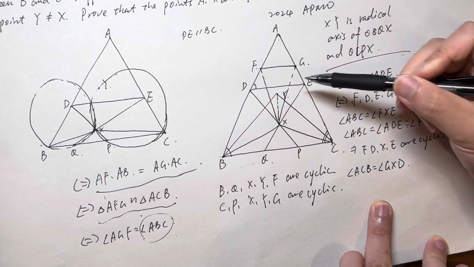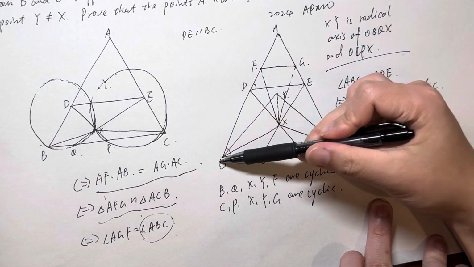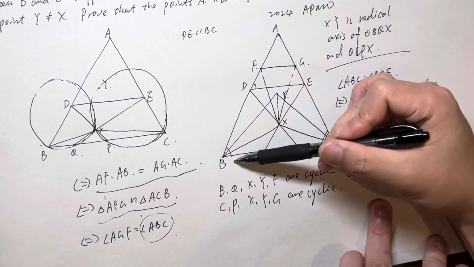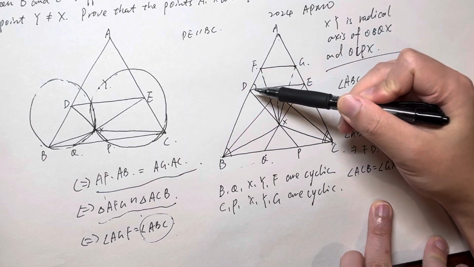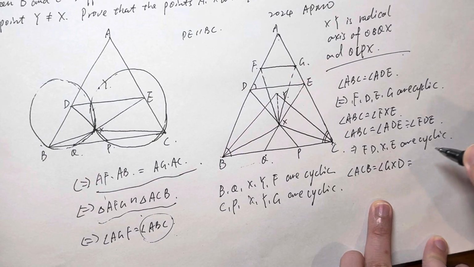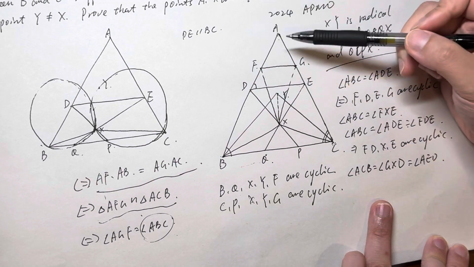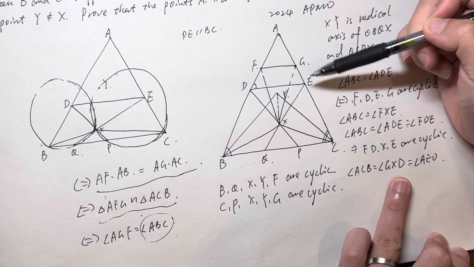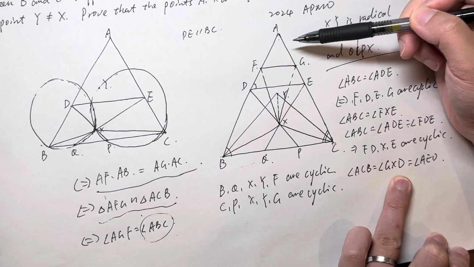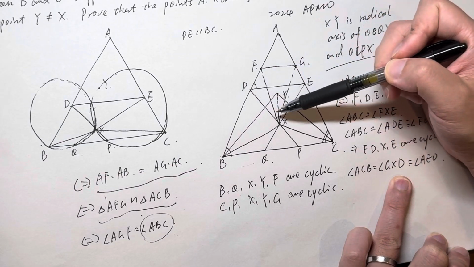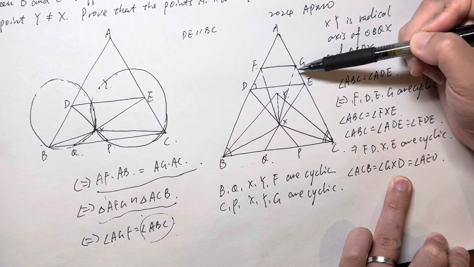And we know that DE is parallel with BC, so angle ACB equals angle AED. Therefore, angle AED equals angle DXG.